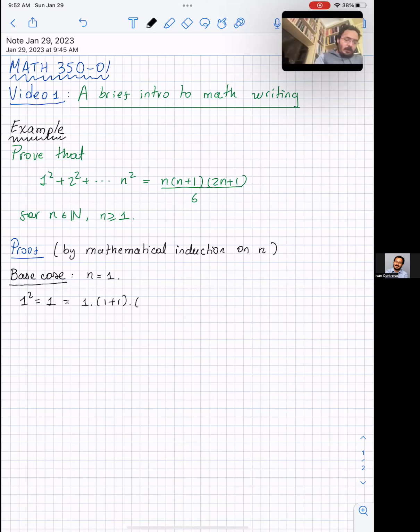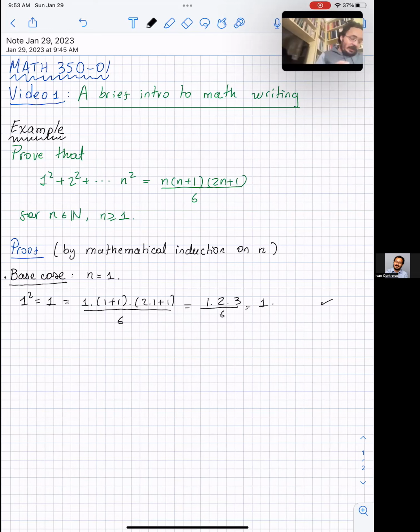I'm just plugging in the value of n and doing the algebra. 1 times 2 times 3 divided by 6 equals 1. So we just verify that 1 is equal to 1, which I hope brings you joy. It brings me a lot of joy to know that we managed to check the base case. So that's the first step in mathematical induction.